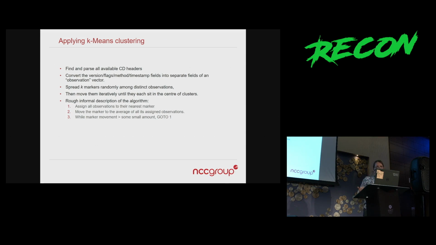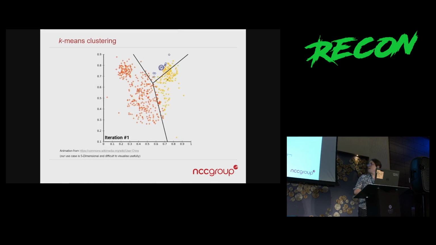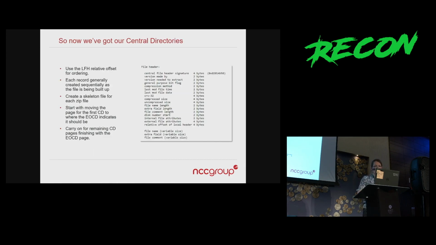I applied the number of clusters that I already know from the end of central directory headers as my second parameter, and clicked go. And there's a short animation here of what the k-means clustering algorithm looks like. It places a couple of markers randomly inside the data set, and then moves them until they sit nicely on a cluster boundary, essentially. That's the quick explanation on that one.